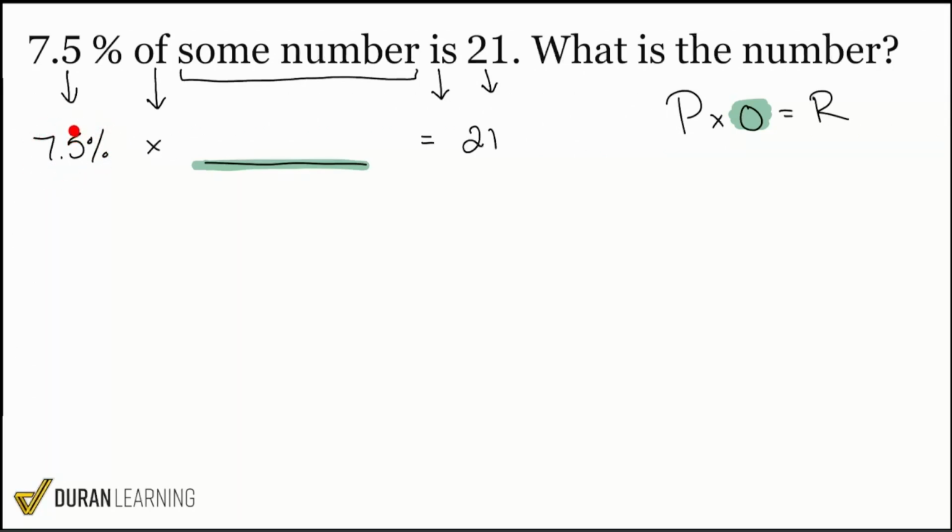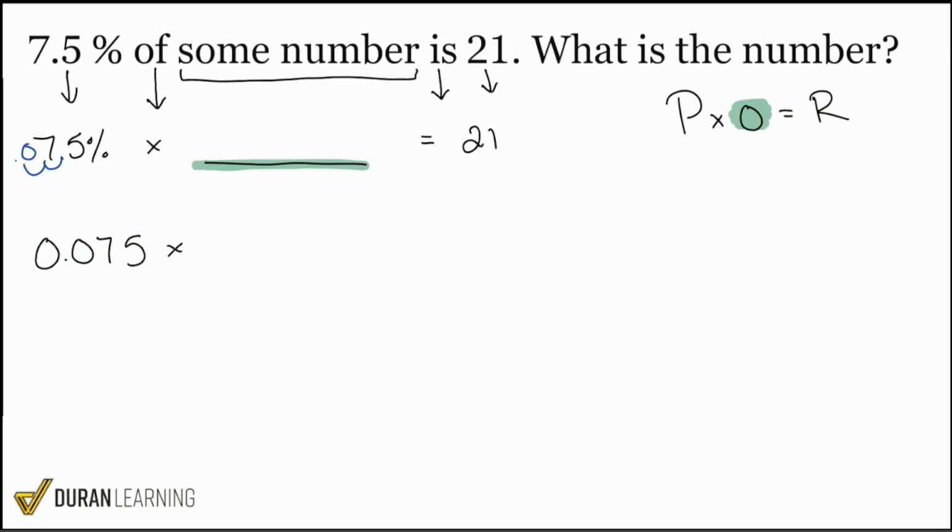Because percent means out of 100, meaning 2 zeros, 2 place values. So we go once, twice, meaning we'll have a 0 right there.